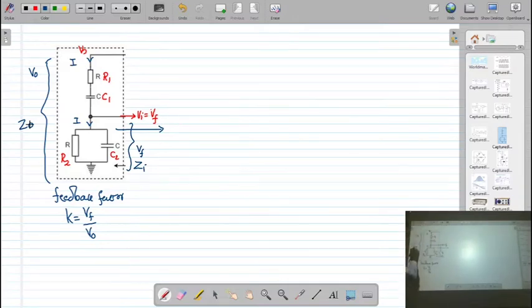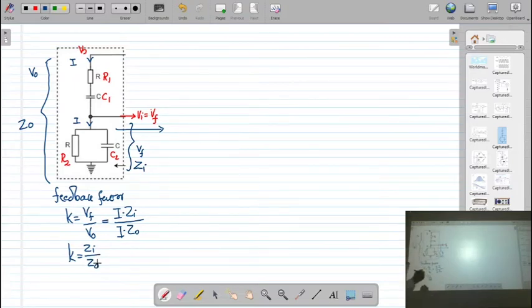So the feedback voltage is I into Zi, divided by, in the same way, I into Zo. Correct? Means the feedback factor K is the ratio of the input impedance to the output impedance.